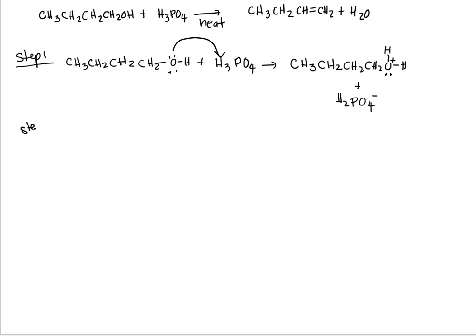Next, step two. So the products in step one are the reactants in step two. CH3, CH2, and then I will spell out the H's on the carbon right next to the carbon that bears the oxygen.